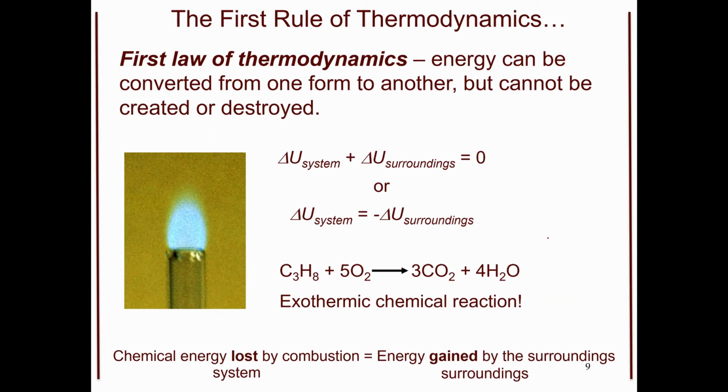That my chemical energy lost by the combustion, the breaking of my carbon-hydrogen bonds, and the formation of my carbon dioxide and water, which we saw previously in bond enthalpy, all of that energy that was released now is going to be gained by our surroundings. This is really beneficial for us when we're cooking food on a grill, because if we burn propane, all of that energy is then absorbed by our meat, which then cooks it so it is safe for consumption.